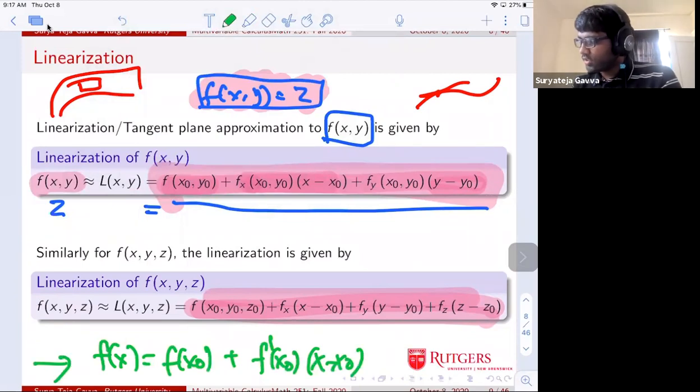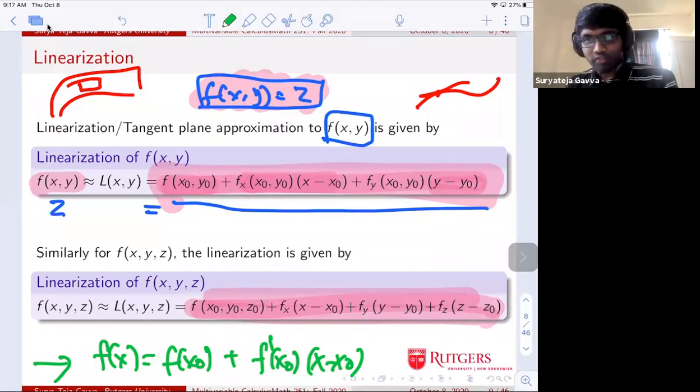But if you have two variables, you just replace f of x with f of x0 y0, and the derivative times x minus x0 with fx times x minus x0 plus fy times y minus y0, right? This is basically the change in f. Another way to say it is that the change in f is fx times x minus x0 plus fy times y minus y0. Instead of writing delta f equals something, I'm writing f equals the function plus something else.